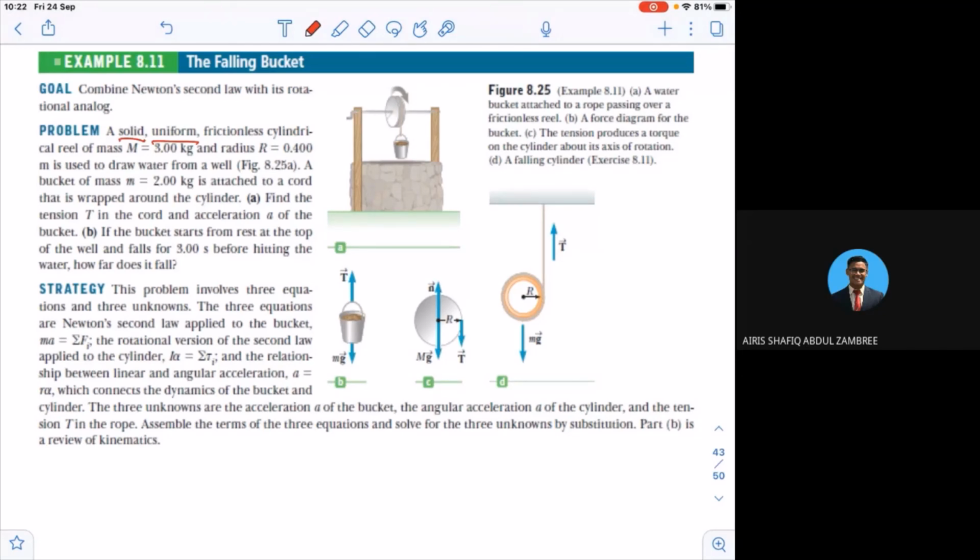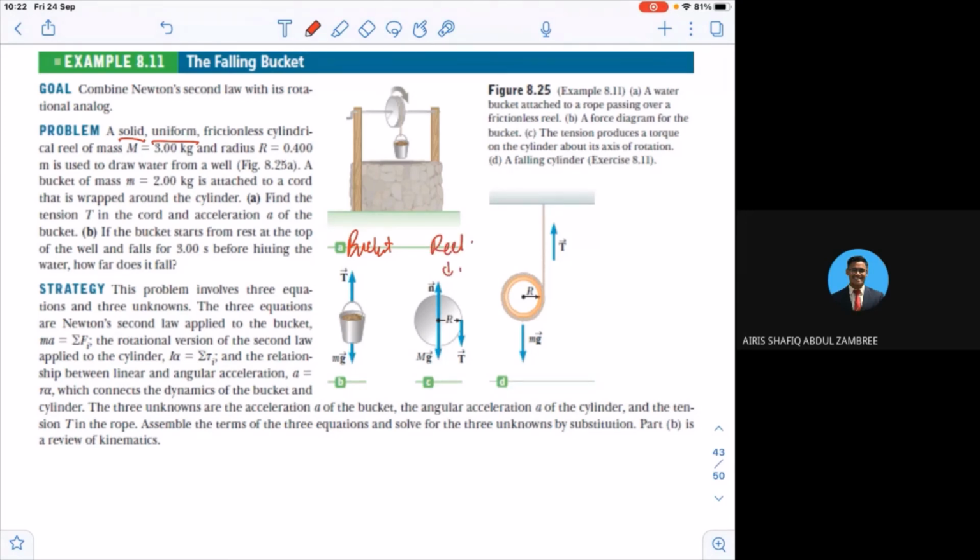Right now we have a situation where a bucket is connected to a cord, and the cord is wrapped around a solid uniform cylindrical reel. Here is the bucket, and this is the cylindrical reel.